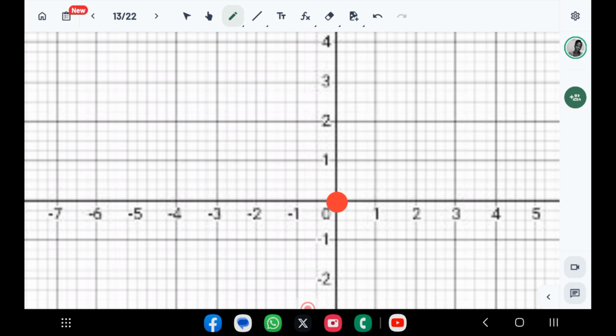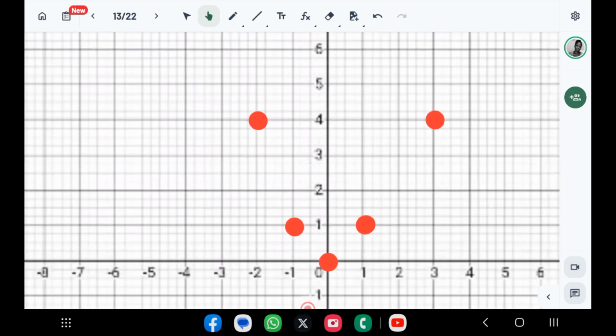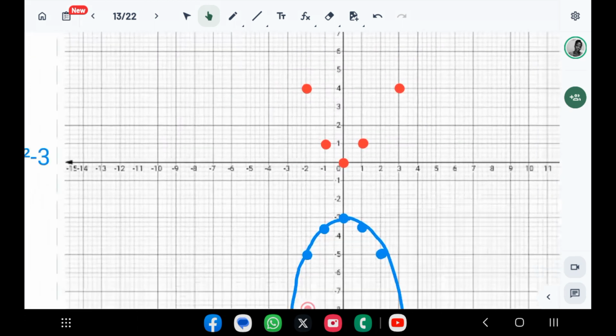So that's 0, 1, 4, 1, 4. Then we've got 9, somewhere up there. Sorry, let's draw this 4 on the right side, in the right place.